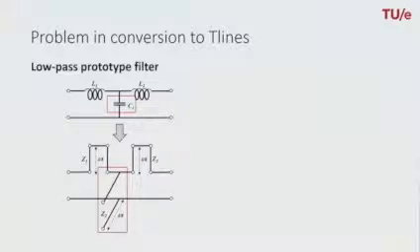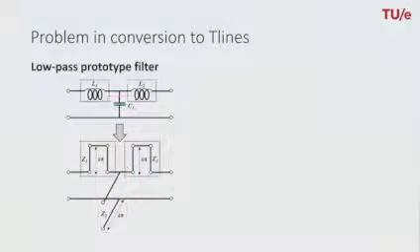It's easy to implement, for example, in microstrip technology. The series inductors would be represented by shorted stubs, but placed in series with the input and output transmission line. Well, that causes some trouble if we want to implement it in a practical technology.